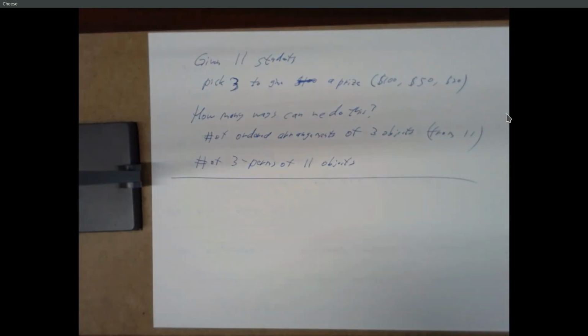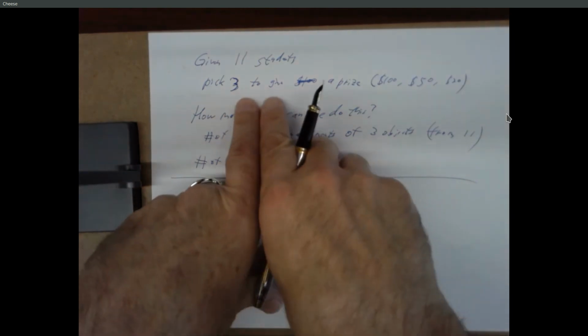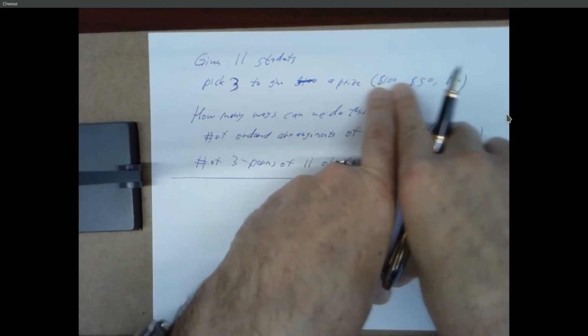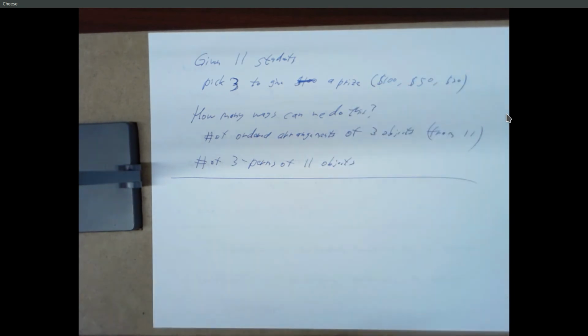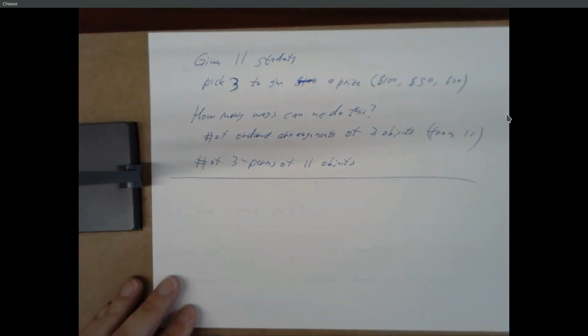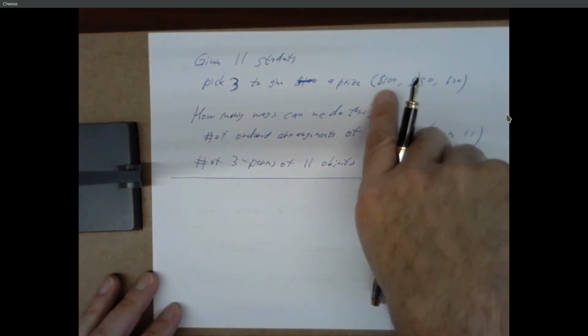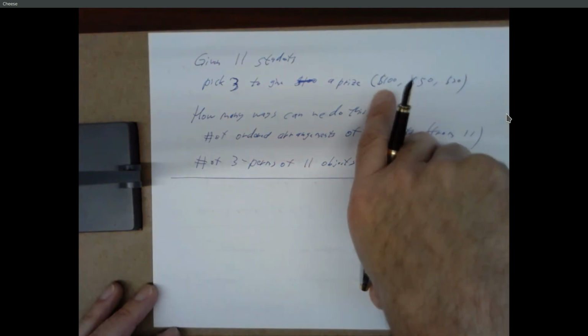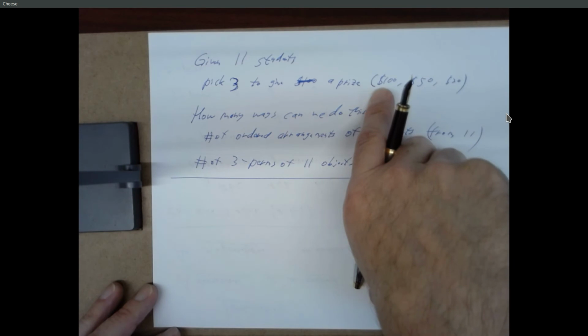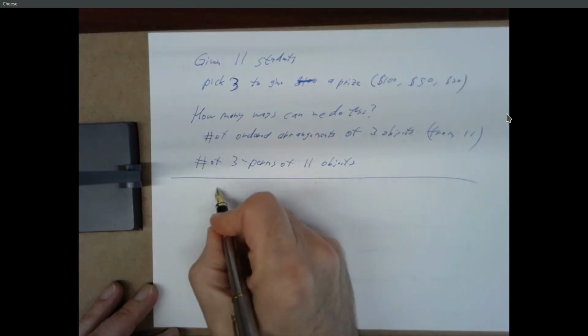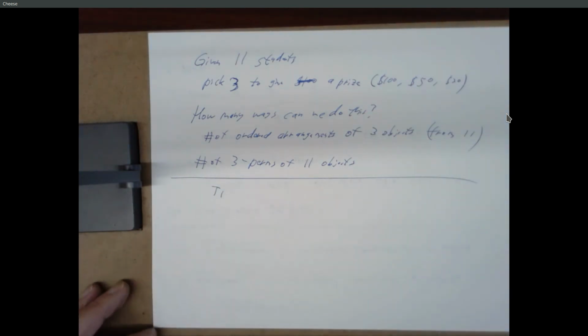Well, we can go back to the product rule and answer this with what we did the other day. Our task is to pick 3 students to win these prizes, right? So how do we do this? Well, first we pick the student who's going to be first. So task T1, procedure 1, is pick the first student who's going to win the first prize. How many ways can we do that?